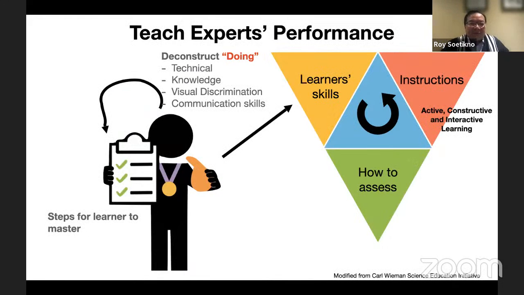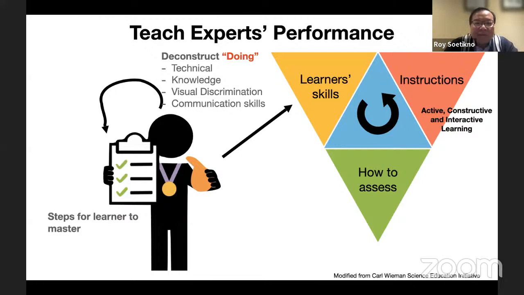So what should we be teaching in mastery learning? As I had mentioned earlier, it is about doing. We need to be deconstructing what we do. Technical is easy. You actually can deconstruct technical skills step by step by looking at videos, looking at how the expert is doing.